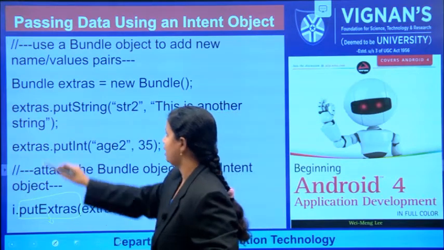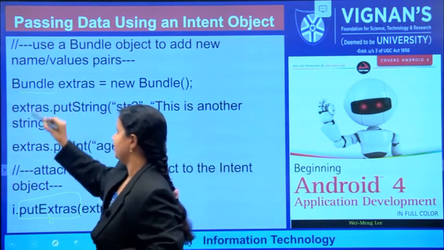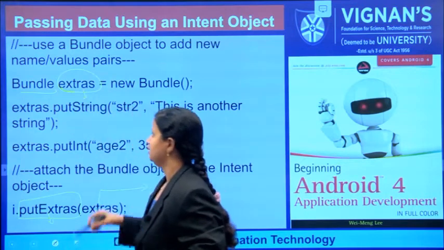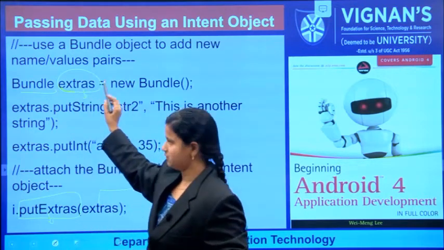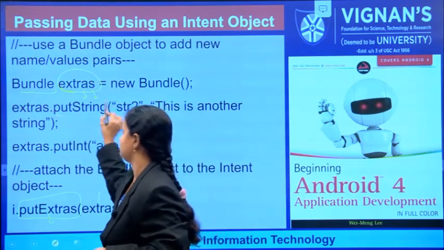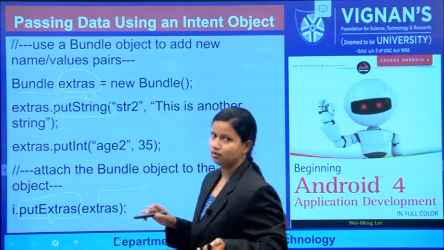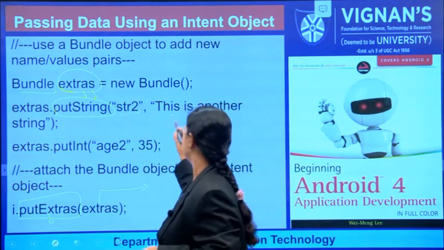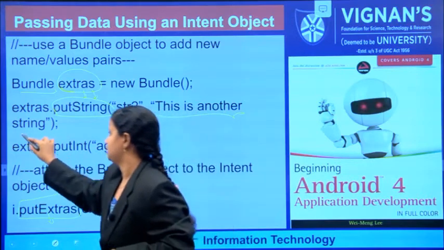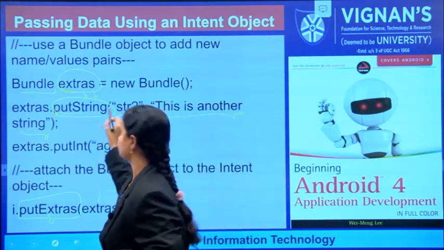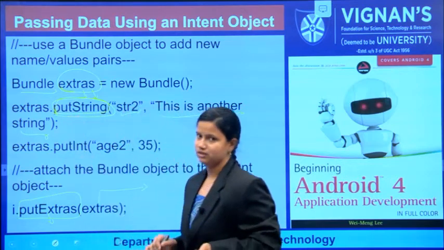First we create a bundle, an object of the Bundle class, named extras. For this bundle object I set the information with putString, the same string1 we saw previously. This is the information I set for the extras.